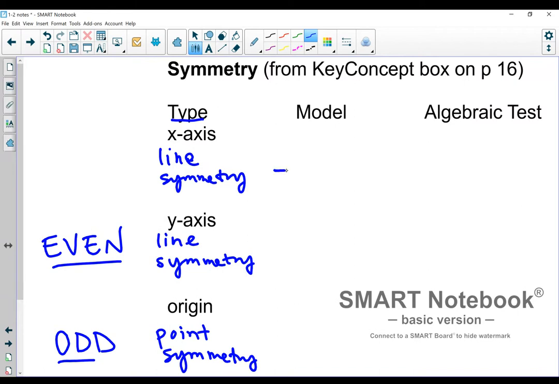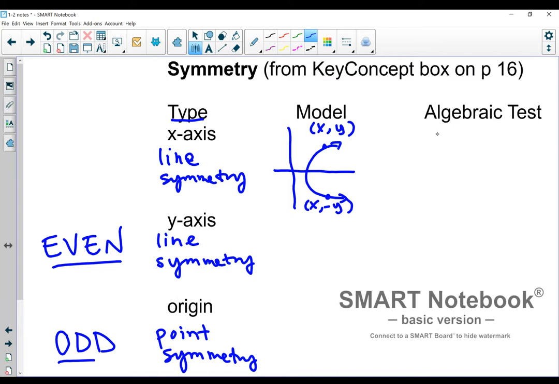So if I want to make a graph that is reflected over my x-axis, I could make a parabola like this. And then if we think about points on those, this point would be over x and up y. And this point would be also over x, but now it's down y. And if we have x-axis symmetry, we also don't have a function, right?